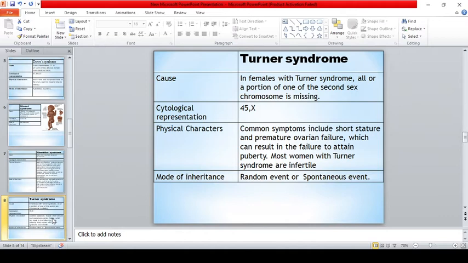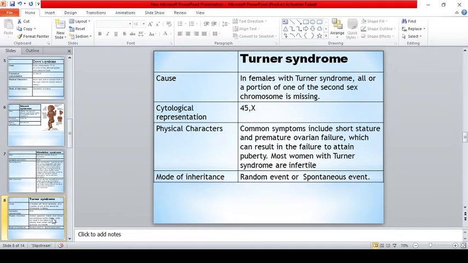The next syndrome we are going to discuss is Turner syndrome. This generally affects females. The main cause is that in females with Turner syndrome, all or a portion of the second sex chromosome is missing. The cytological representation of Turner syndrome is 45X.